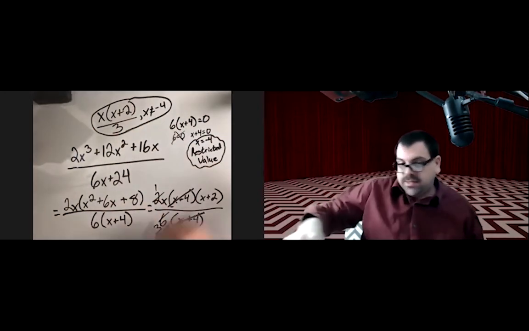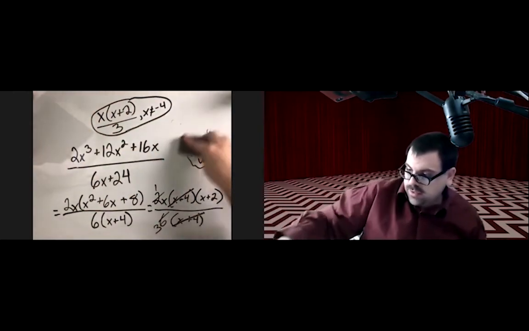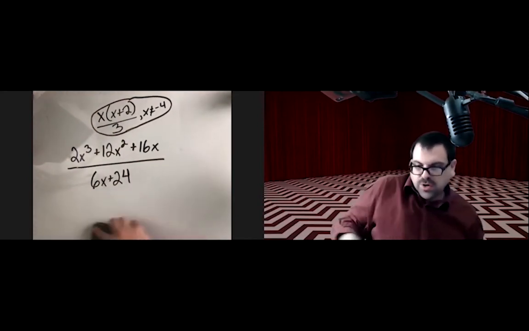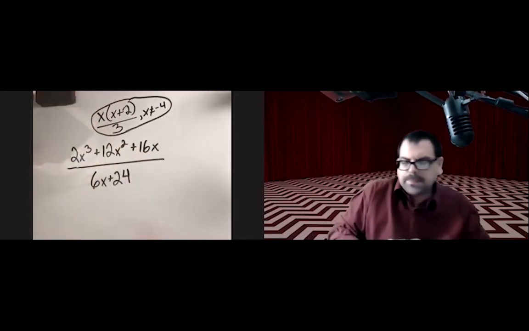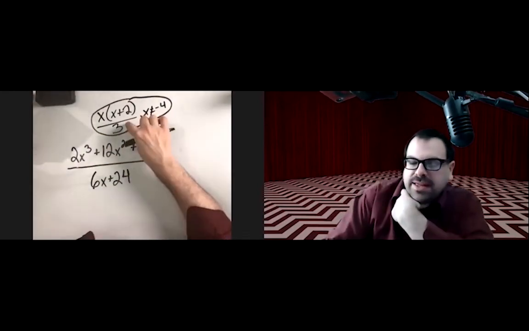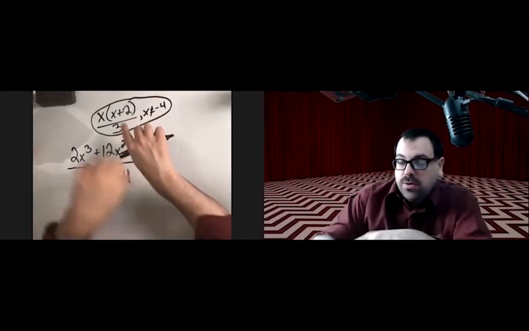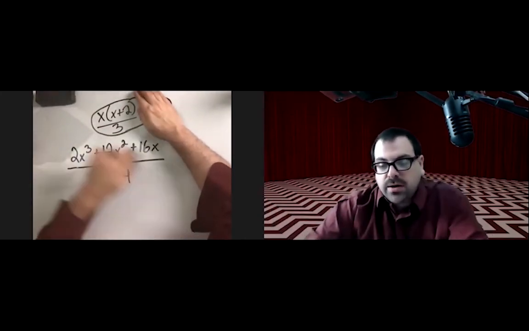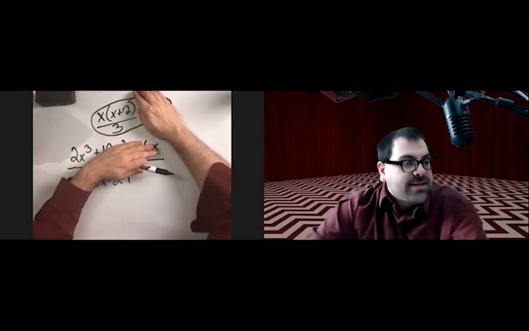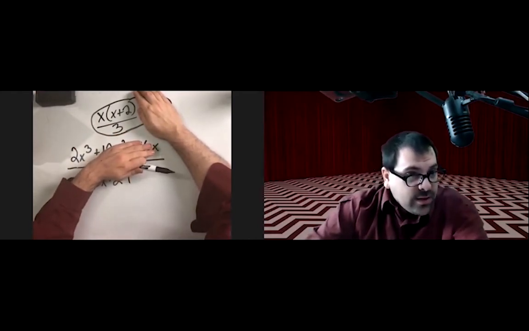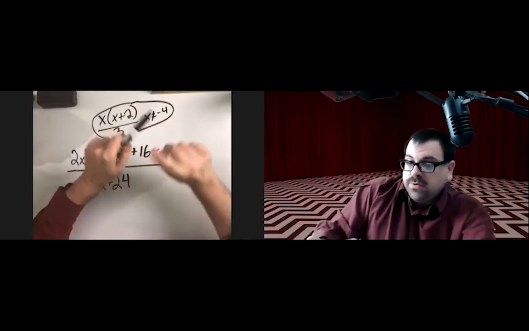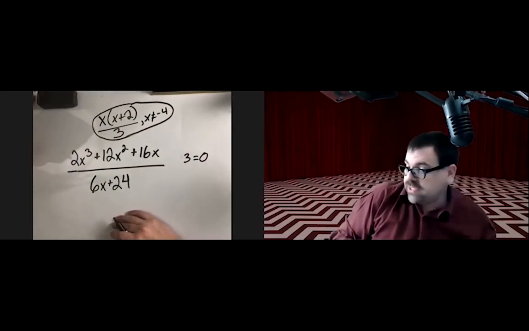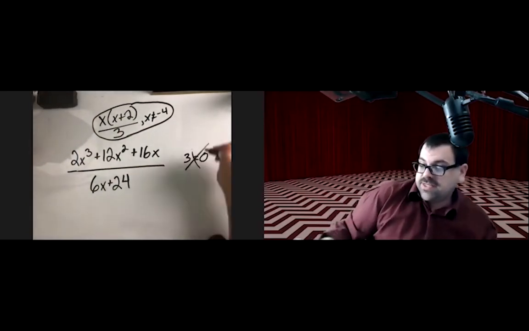Let me erase everything here except the original problem and the answer. Can we look at this and know, without it being said, that x can't equal -4? If all we saw was x times (x plus 2) over 3, we would take the bottom, set it equal to 0, and solve to find restricted values. 3 equals 0 is nonsense.